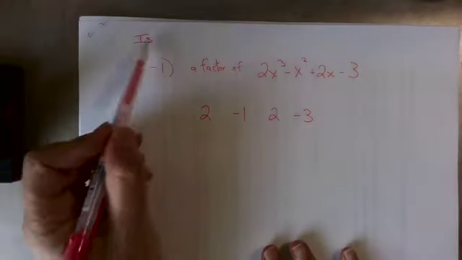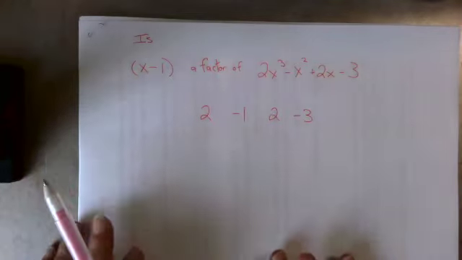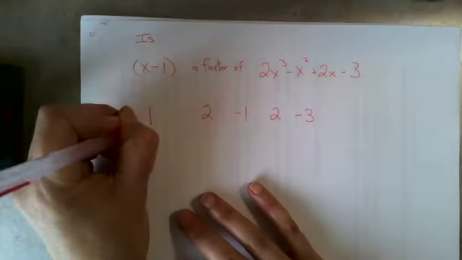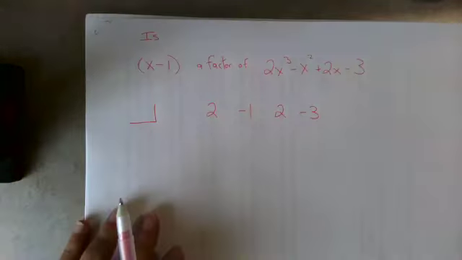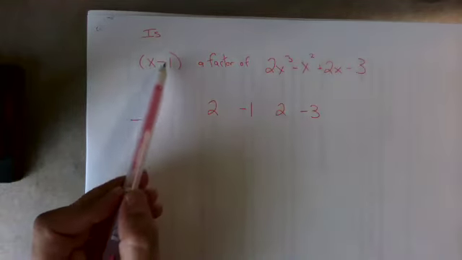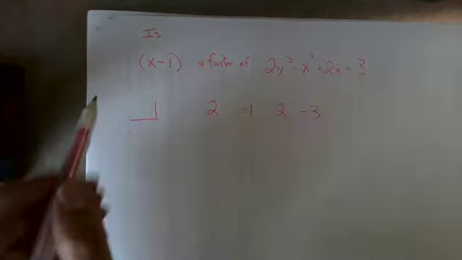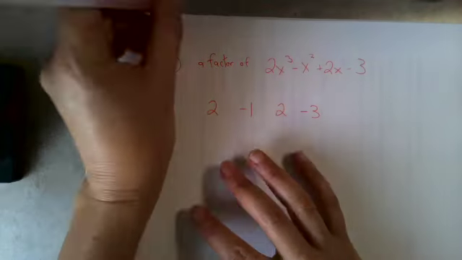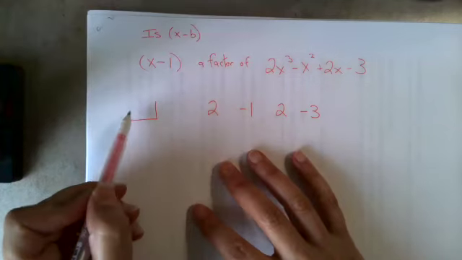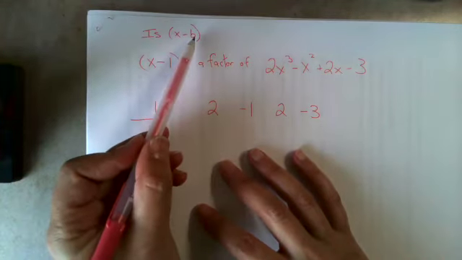Now, over here, we have x minus 1. And so we make a little platform over here, and we're going to put 1. Our factor is always in the form x minus b, and what goes in here is the b.